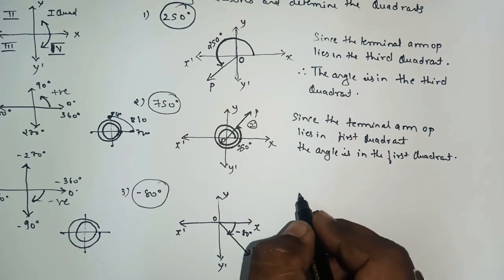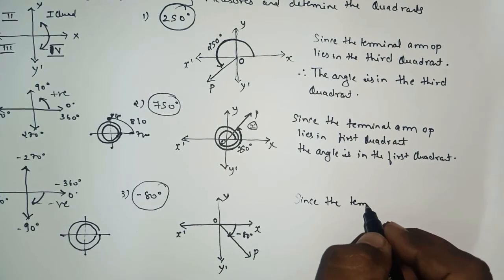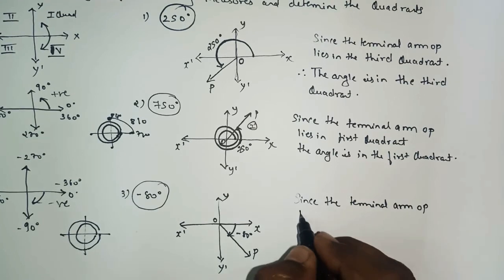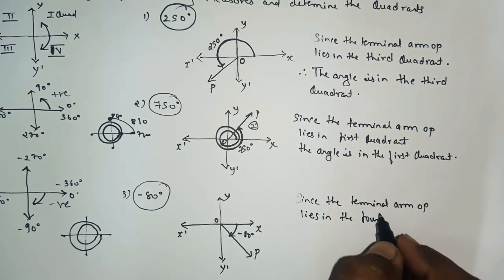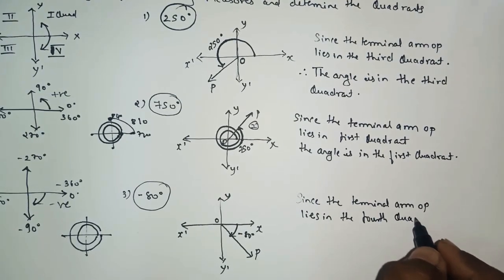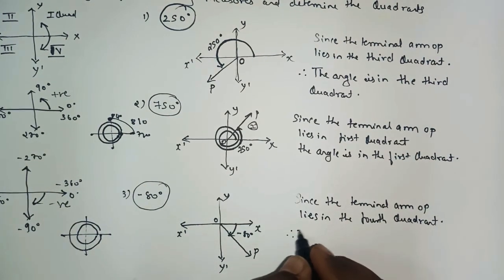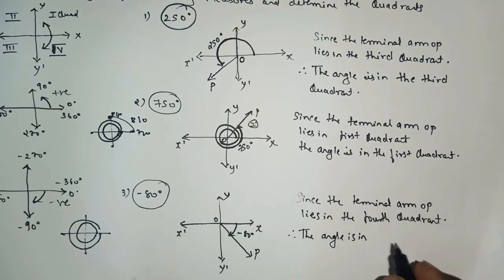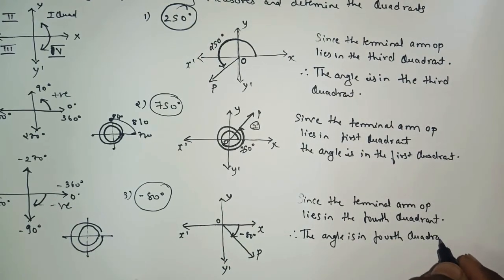So here you will write, since the terminal arm OP lies in the fourth quadrant. The position of the quadrant never changes. Remember this, whether it moves in clockwise or anti-clockwise direction. So therefore we can say that the angle is in fourth quadrant.